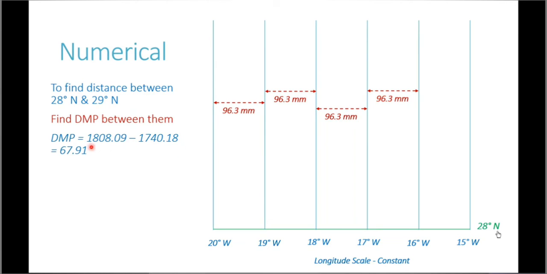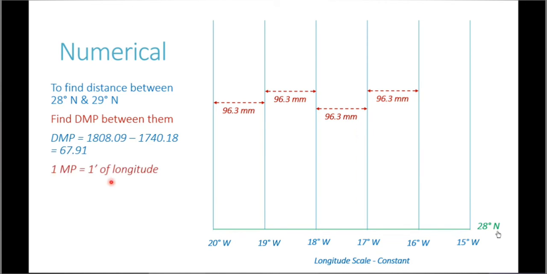And if you check the meridional part for 29 degrees parallel, it is 1808.09, giving you the DMP as 67.91. So this tells us that between 28 and 29, you can place 67.91 minutes of longitude. This is the definition of DMP.